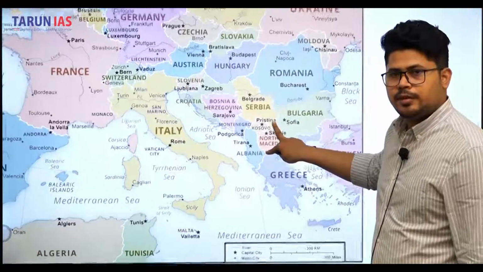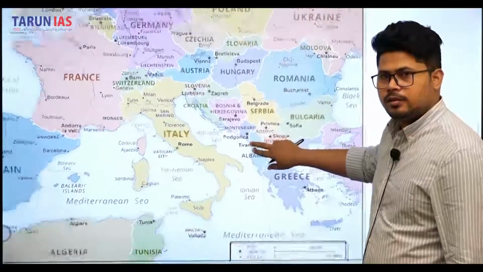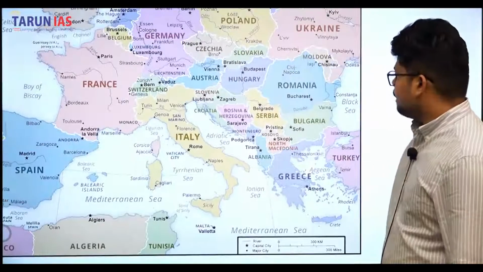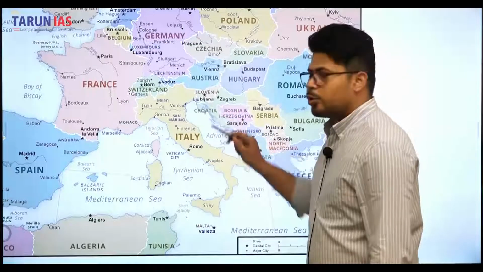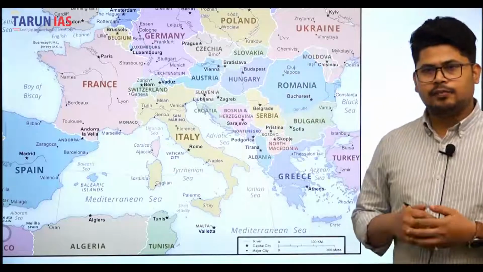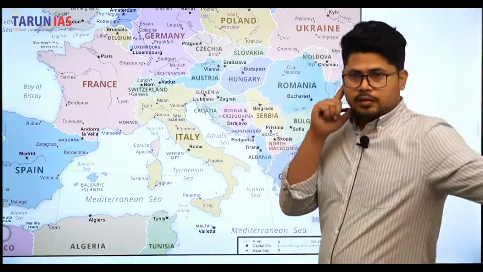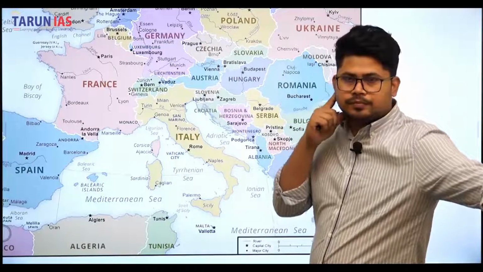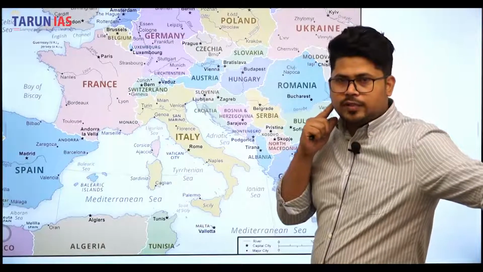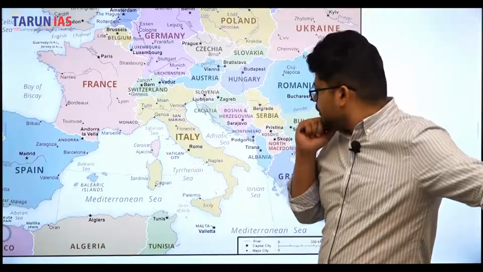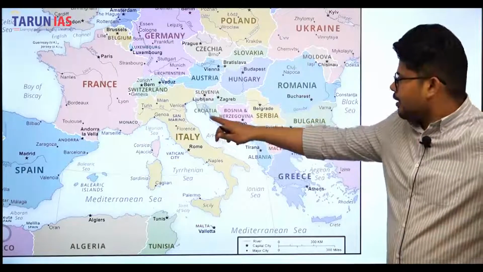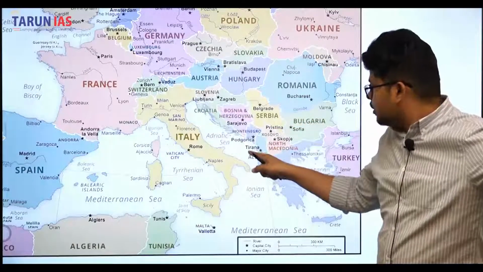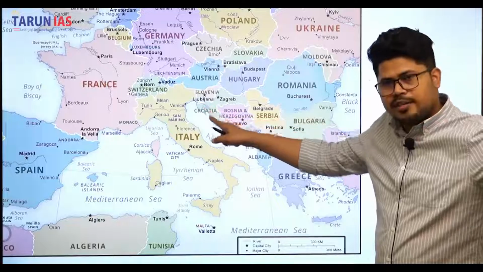I hope it is visible. This is a country called Croatia. Around 2019 a FIFA World Cup happened and Croatia won that World Cup. Luka Modric was very famous in that match. So the question: Adriatic Sea and Croatia. Croatia is on the Adriatic Sea.